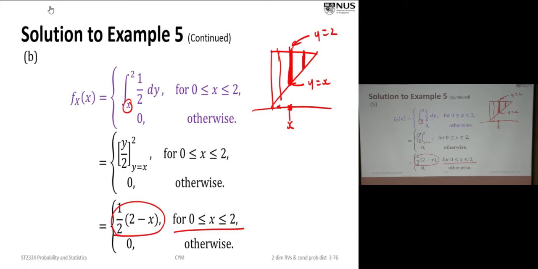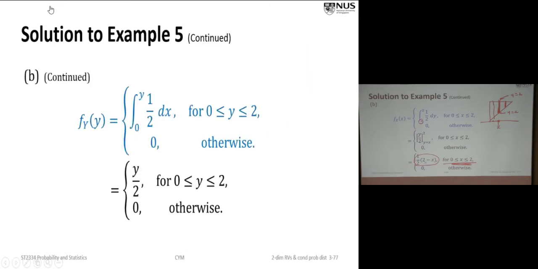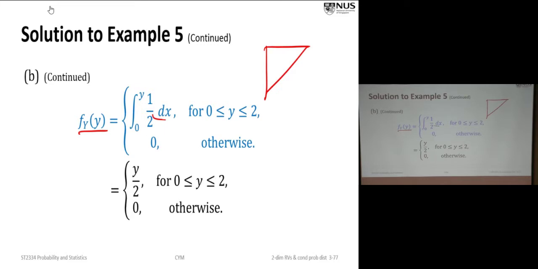Is it always bigger than 0 for this one? 2 minus x. If x is bigger than 2, this is negative. But fortunately, x has to be between 0 and 2. So this is always bigger or equal to 0. Okay, similarly for y. For the marginal of y, that means you have to integrate x. So I fix y.